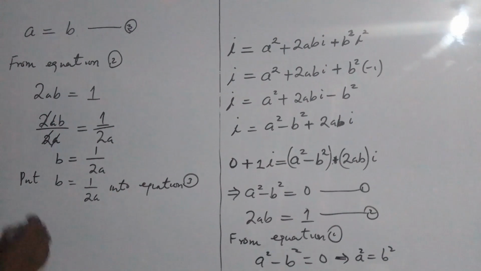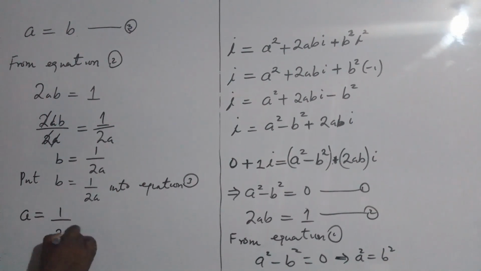what I'm going to have is that a will be equal to 1 over 2a. So now if a equal to 1 over 2a, that means that multiplying both sides by 2a, I'm going to get 2a squared equal to 1.